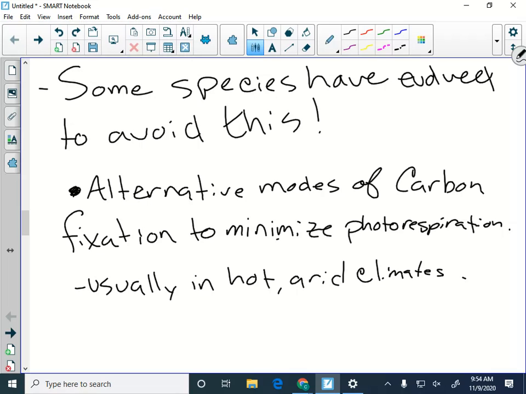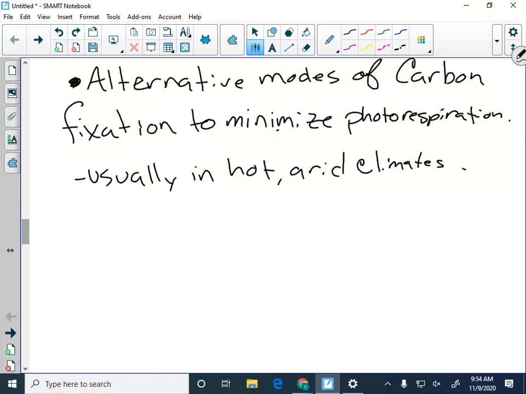So plants have to adapt to overcome this process because it would cost a lot of energy to keep up with photorespiration if they didn't have some way around it. So there are two main types of alternative carbon fixers.